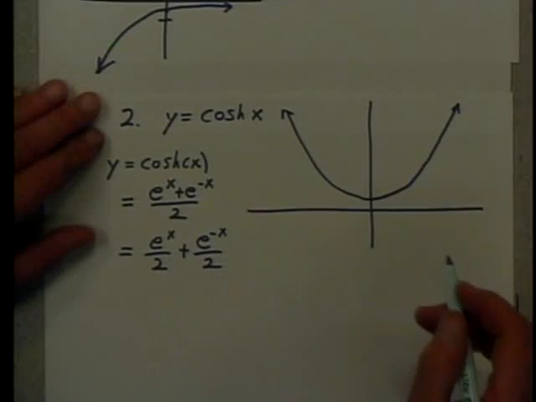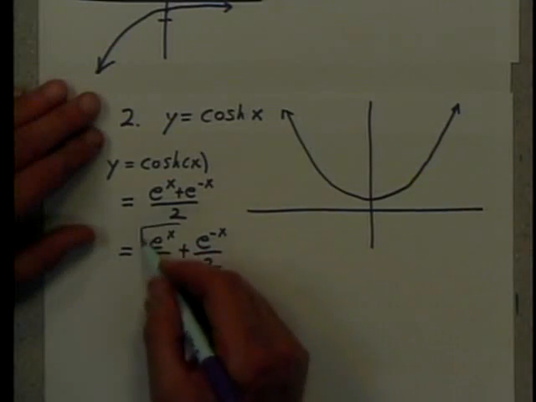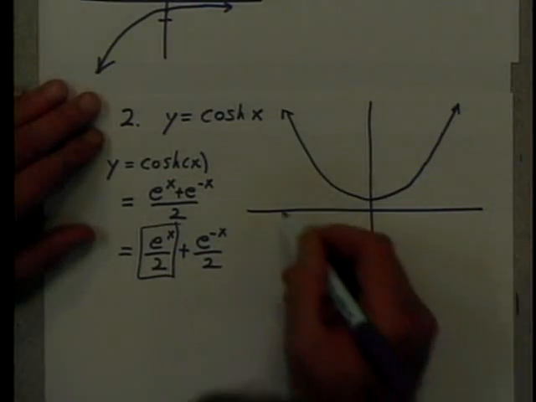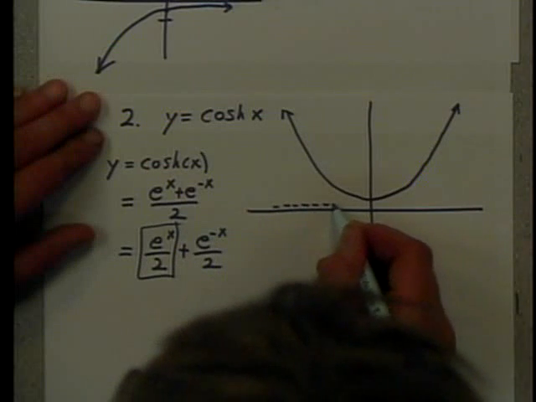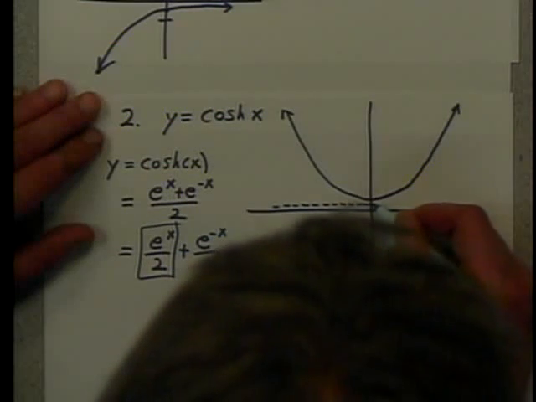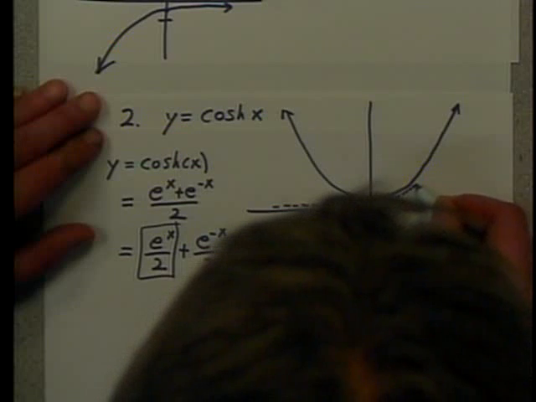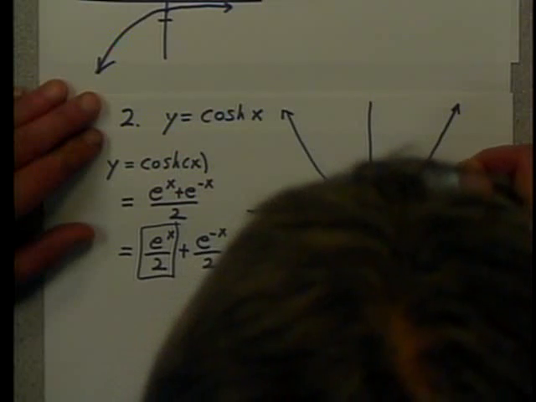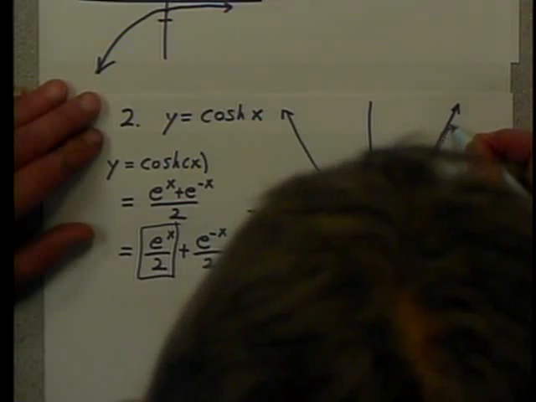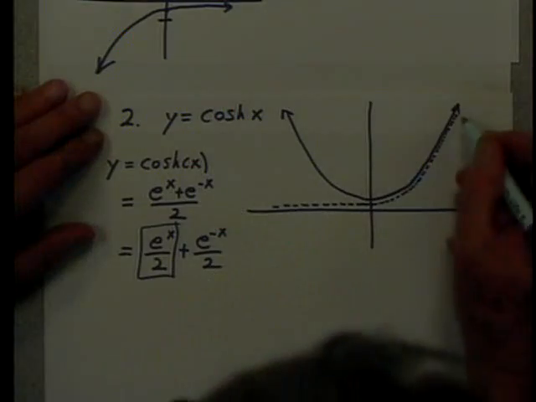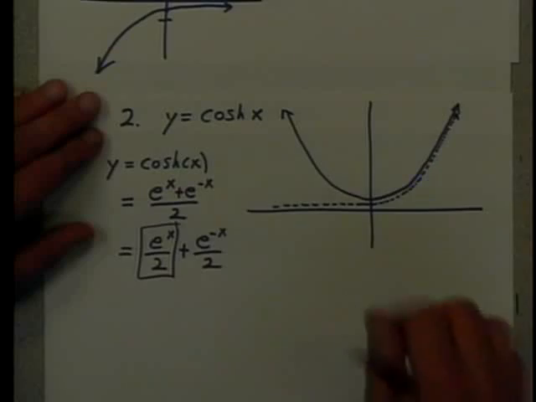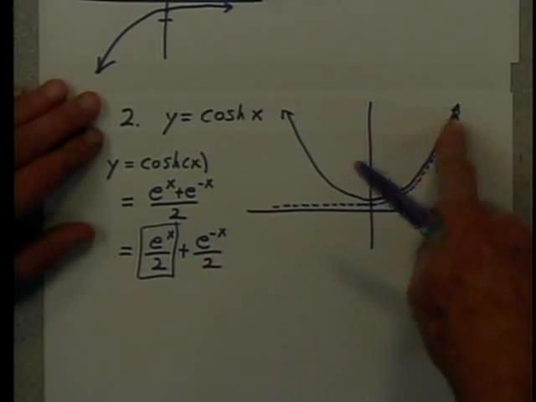Okay, if I take the graph of e to the x over 2, this first one, and kind of put it on here, it'll come like this. It'll curve around like this, and guess what? Yeah, it's not a straight line, but it's a curved asymptote that this will follow.